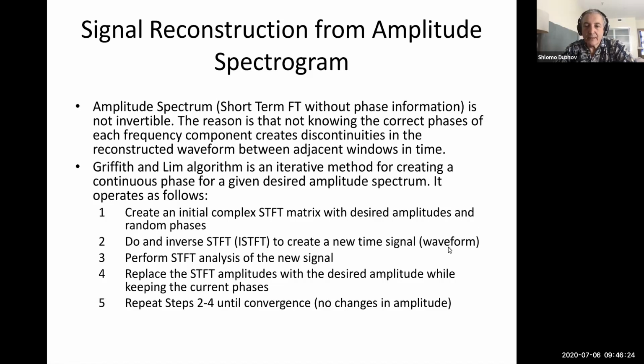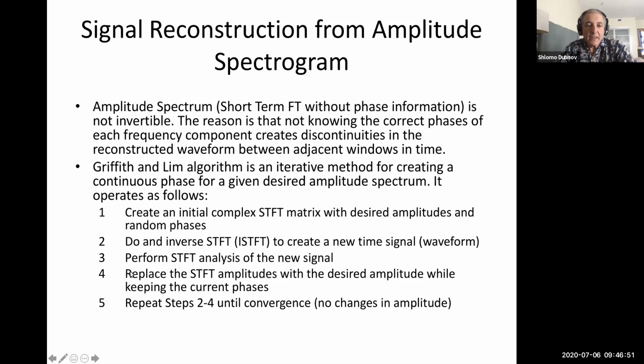So what you do now, you take this new waveform and you do an STFT analysis of that new signal with the errors, with the discontinuities. We'll see in a second why it makes sense. So now we have, again, a complex matrix, the complex spectrogram, with some phases and amplitudes.